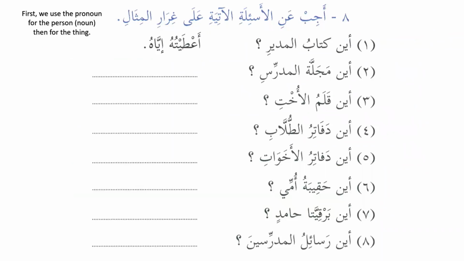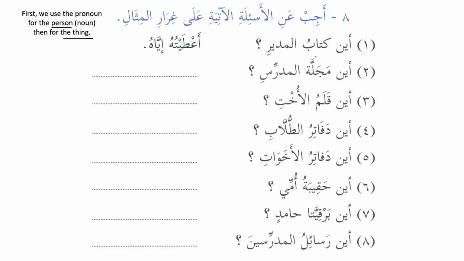Okay, if that's the case, then what we will do now: أجب عن الأسئلة الآتية على غرار المثالي. Now we have to answer the questions based on the pattern. أين كتاب المدير? Where is the book of the teacher? أعطيته إياه. I gave it to him. First, we use the pronoun for the person or the noun, and then we use it for the thing.